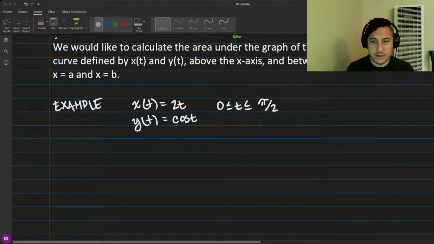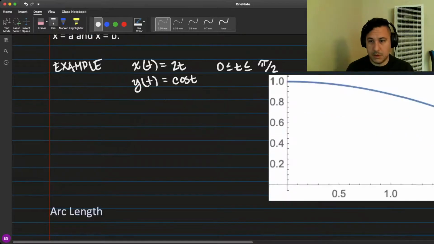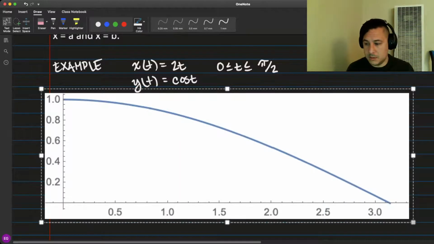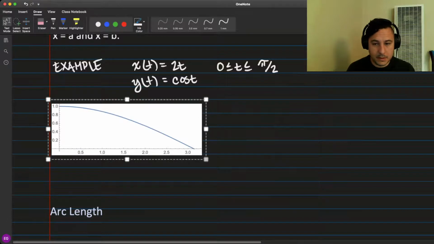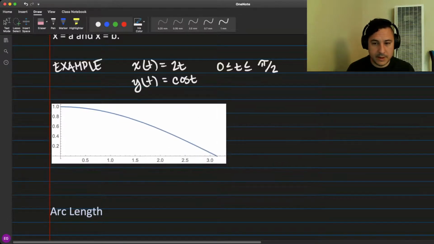Okay, let's move it over here and make it smaller, so hopefully everyone can see that fairly well.